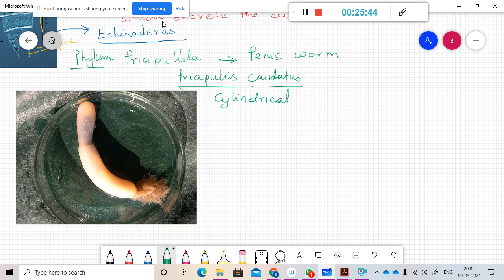As you can see, they are like a cylinder, cylindrical, worm-like animals. Basically, their diameter ranges from 0.2 to 0.3 to 39 centimeters.